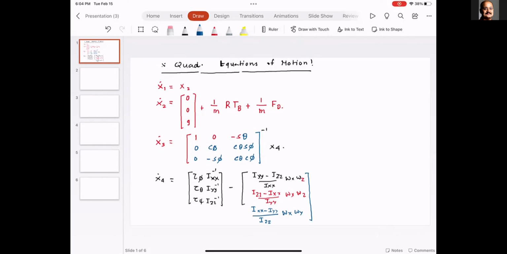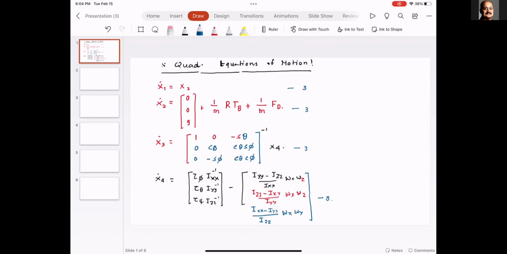Believe it or not, these are the 12 equations. As you can see, there are 3 equations here, 3 equations here, 3 equations here, and 3 equations here. So you have these 12 equations that describe the 3-dimensional dynamics of the quadcopter.